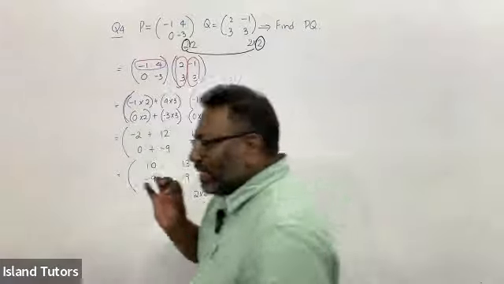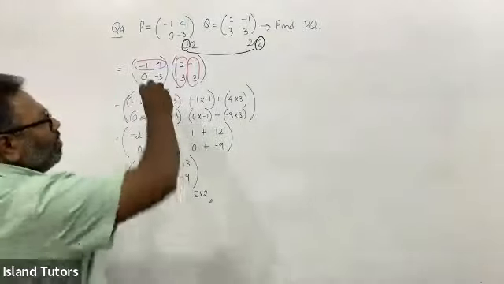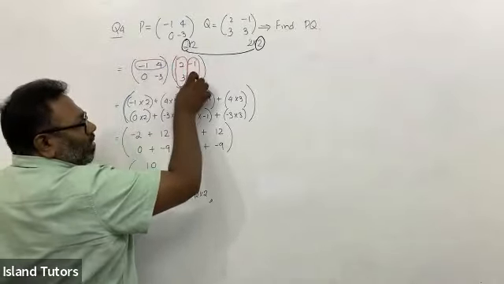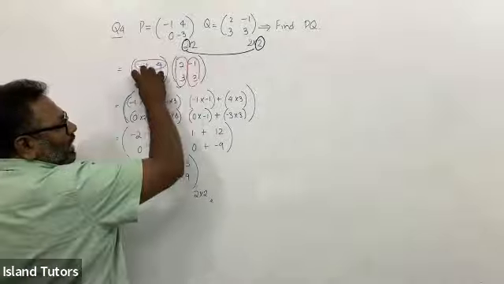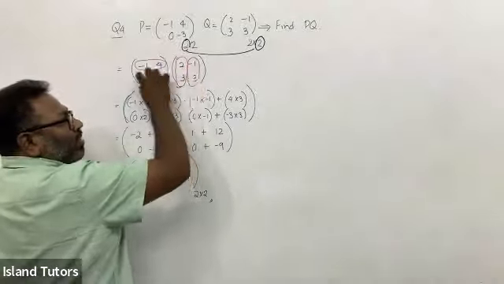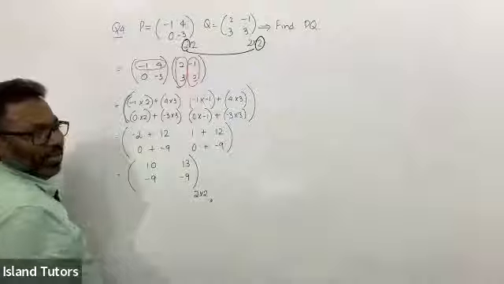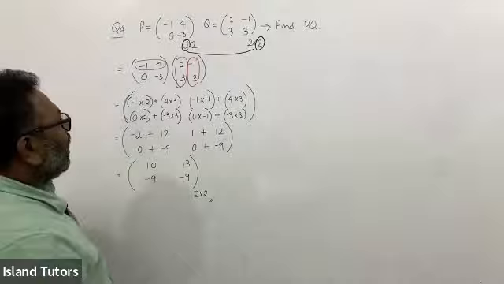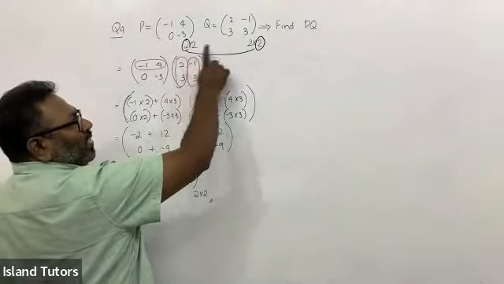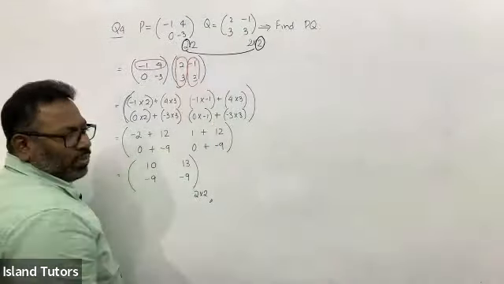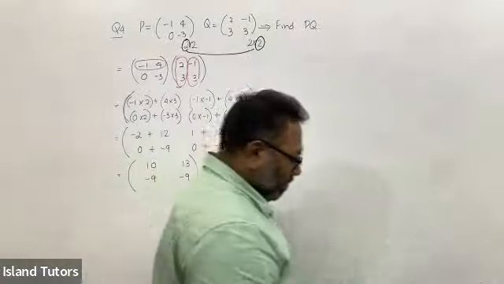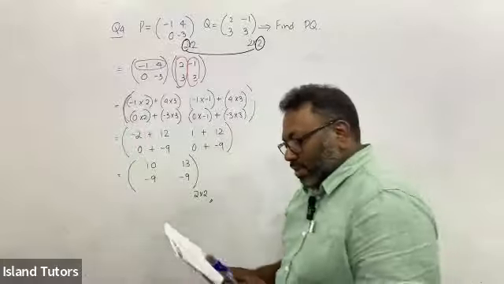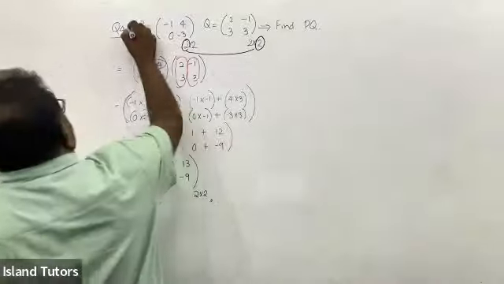So again, the pattern: you multiply the row by the column, then go to the second row multiplied by the column. That's how your answers should look, and your answer should have 2 rows and 2 columns at the end. Okay? That is part A of question number 4.